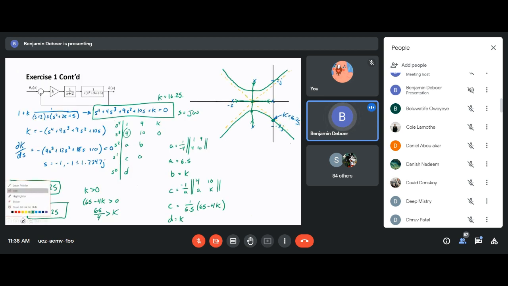So the actual location of this pole here is at 1.5811j, which means if you set a K value to 16.25, you're going to be marginally stable, and you're going to have oscillations at 1.5811 radians per second. So the system at its marginally stable point is going to have this frequency here.